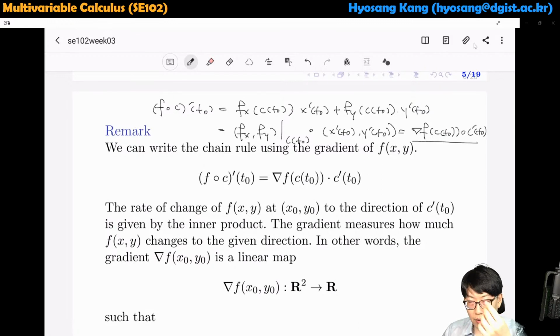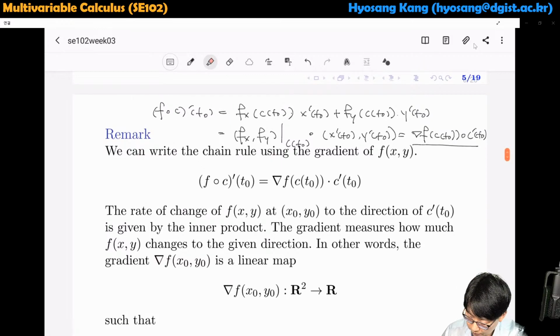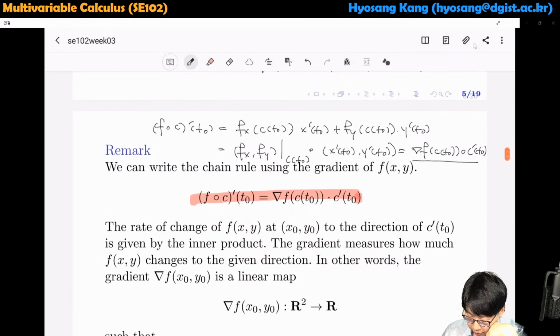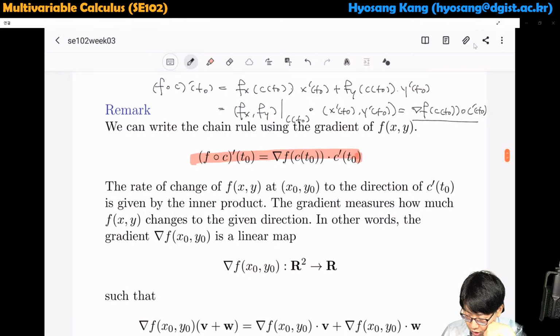So you can rewrite your chain rule as this equation. What does that mean? It means, I'm going to read out this remark: the rate of change of the function in the direction of c' is given by the inner product of the gradient vector and this vector.